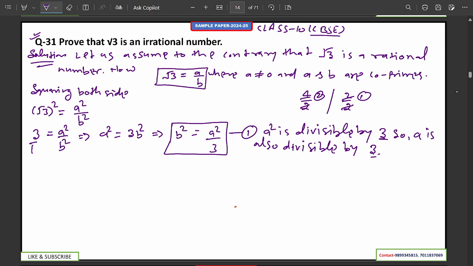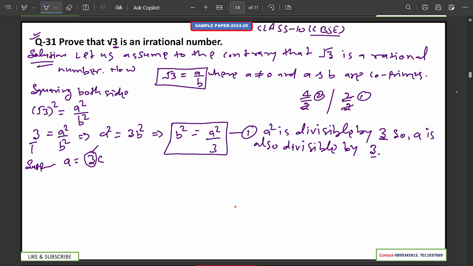Now let us understand the rest of the part. Suppose a is equal to 3c. If the number is root 3, you should take 3 here. If the number in place of 3 is 5, you should take 5 here. If the number is 7, you should take 7 here. If the number is 2, you should take 2 here.